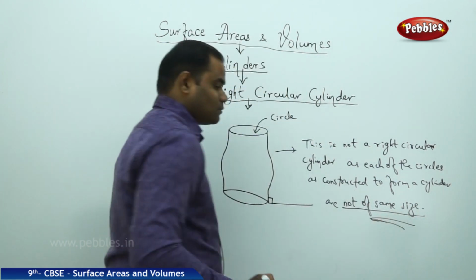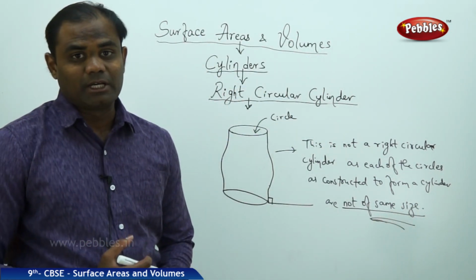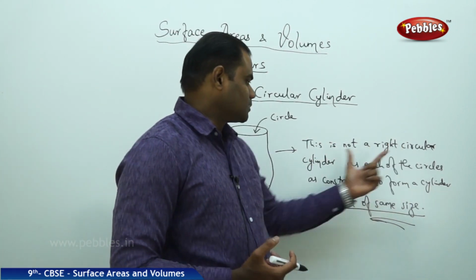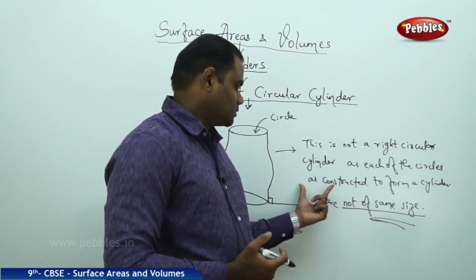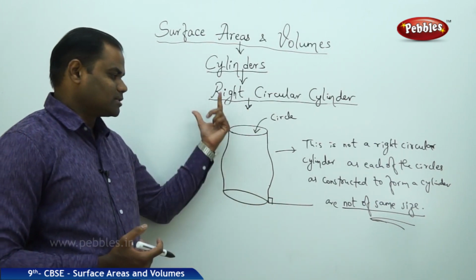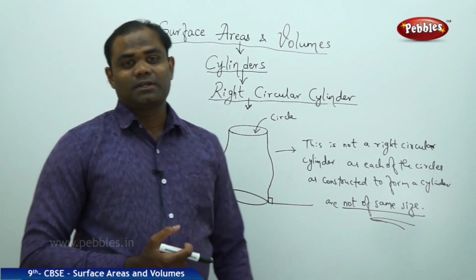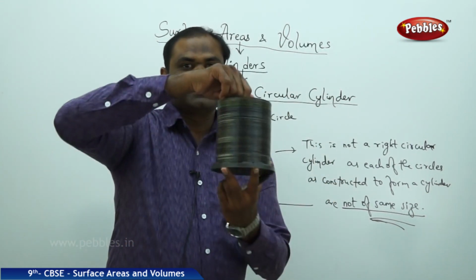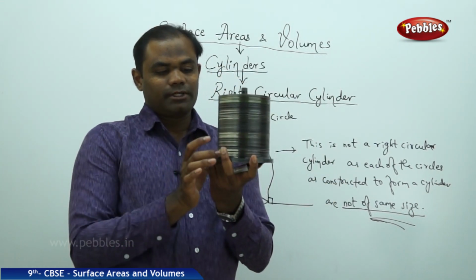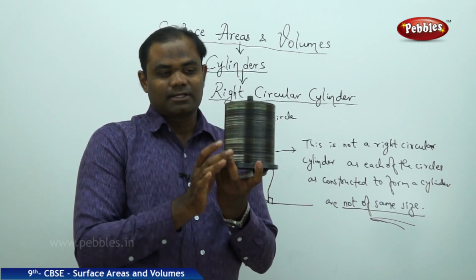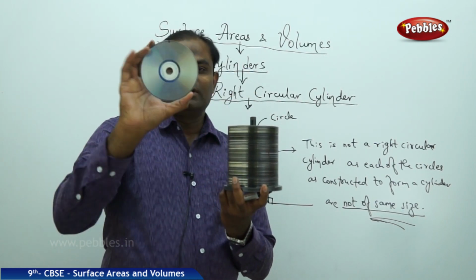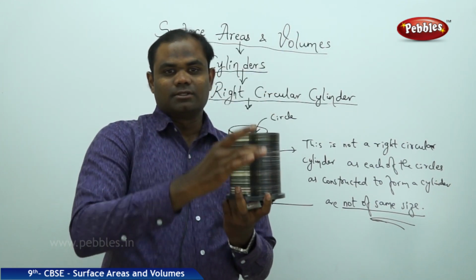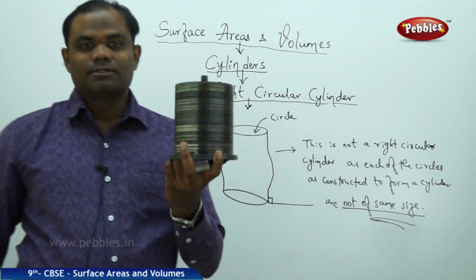This is the main reason why this cylinder does not become a right circular cylinder. They must be of the same size. This is a perfect right circular cylinder because each circle of the same size is constructed to form a cylinder. Circles of the same size make a solid right circular cylinder.